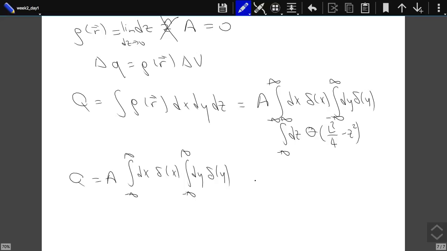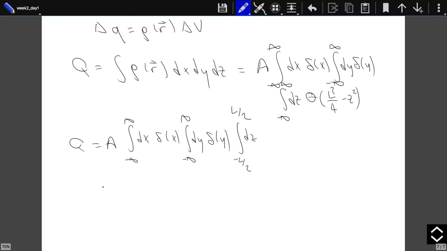The step function tells me that z goes from minus infinity to infinity, but the integrand is non-zero only if z is between minus L over 2 and L over 2. That integral gives me L, which I can take out of the x and y integrations. Then the y integration just gives me 1, x integration just gives me 1. So A is nothing but Q over L.